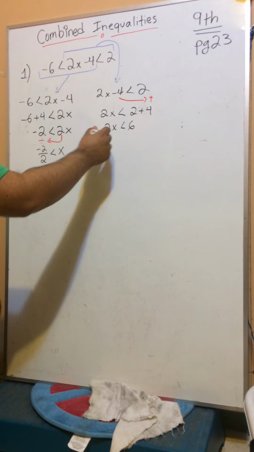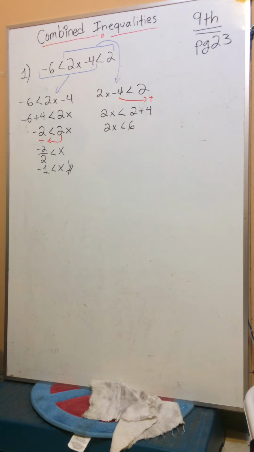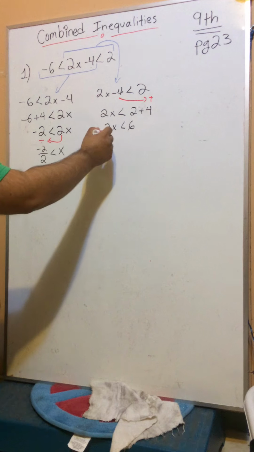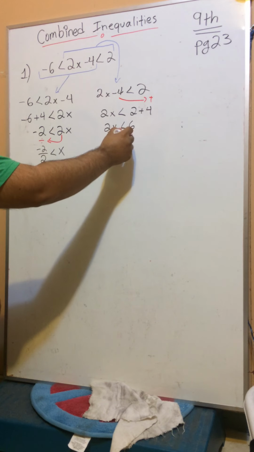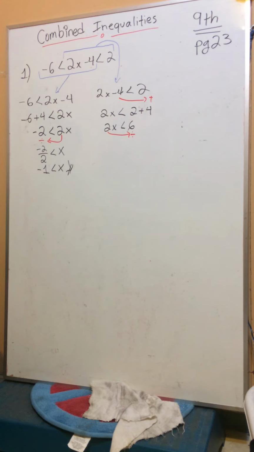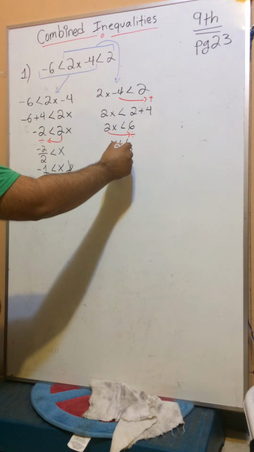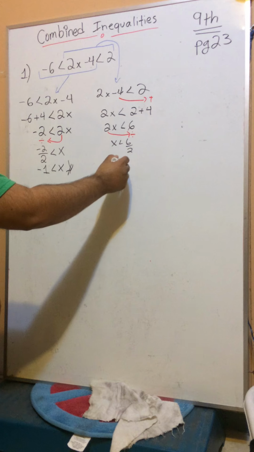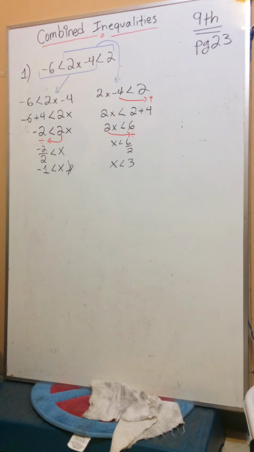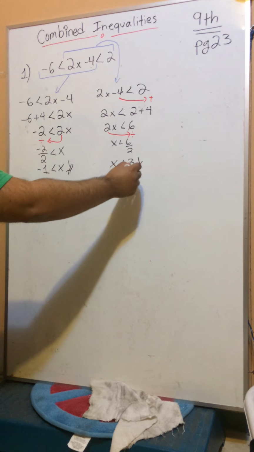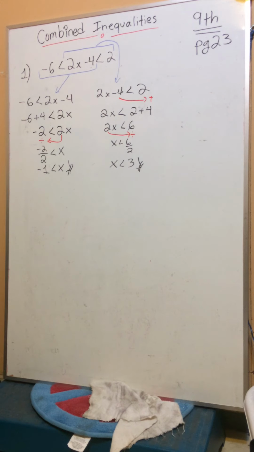And this 2 is multiplying, so I'm going to switch it to the other side and divide. So we have that x is less than 6 divided by 2. So we know that x is less than 3. So now we have both inequalities.